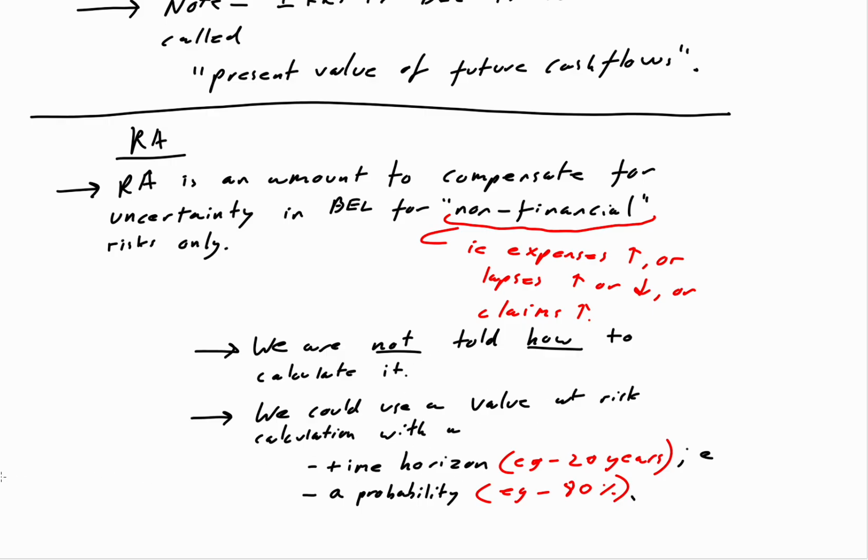Now this isn't necessarily what we do. This thing I'm saying, we make this up, i.e. it's our decision. You might choose a different time horizon, a different percentage, or a completely different way of doing the calculation.